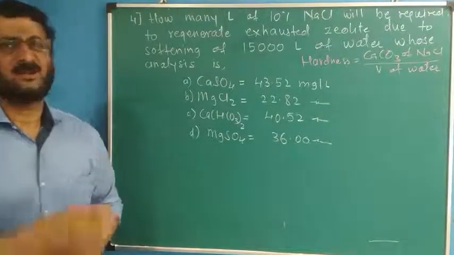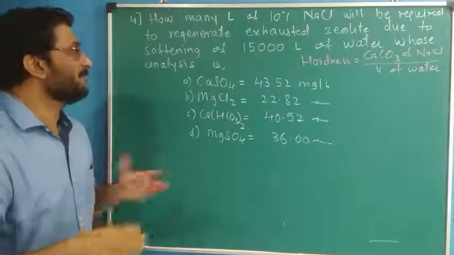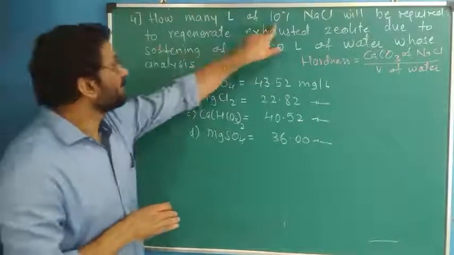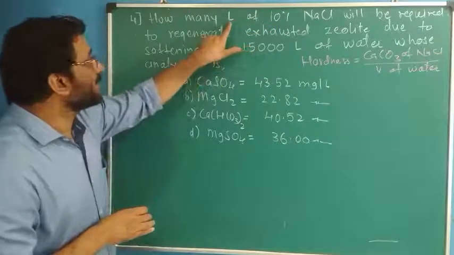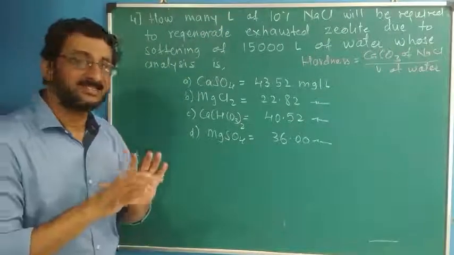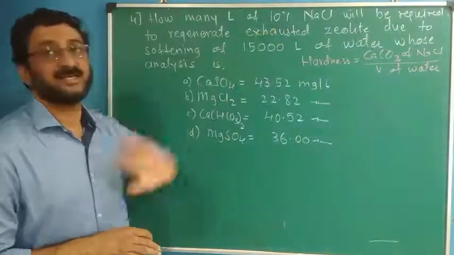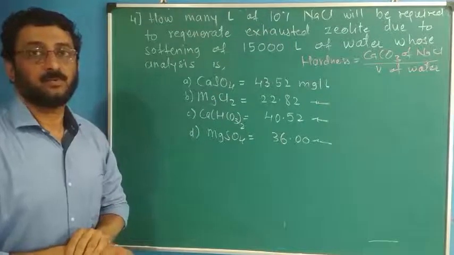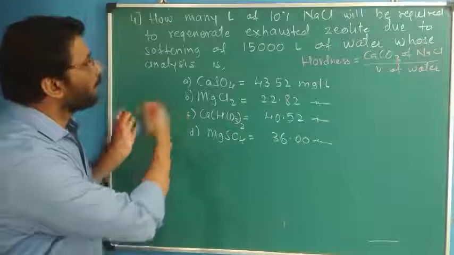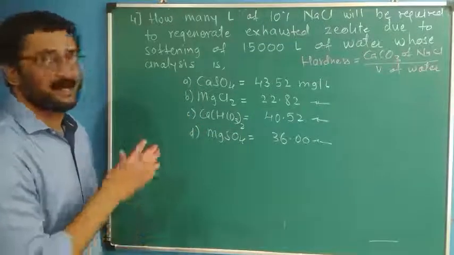Straightforwardly they will ask, or somewhere it may be asked indirectly. Now here in the data, what is asked? Volume of NaCl required is asked to find out, but not just NaCl, 10% NaCl. How much volume of that 10% NaCl is required for regeneration of zeolite, that is asked.